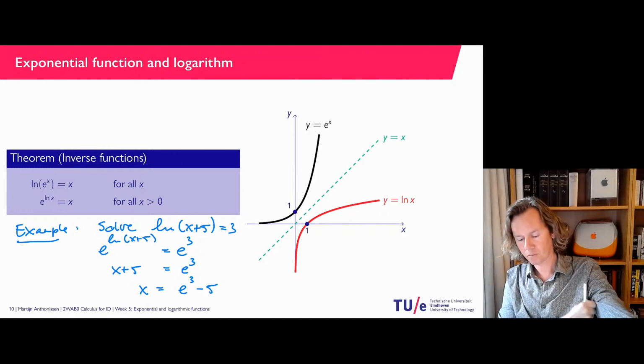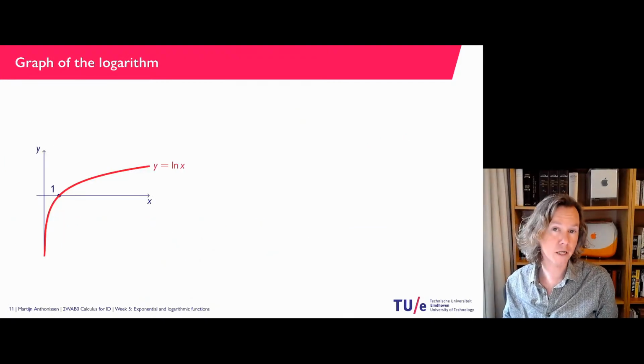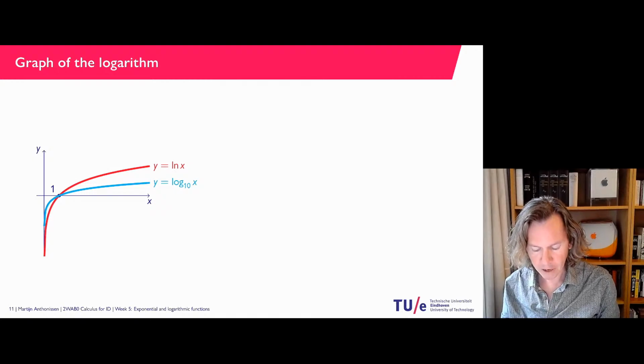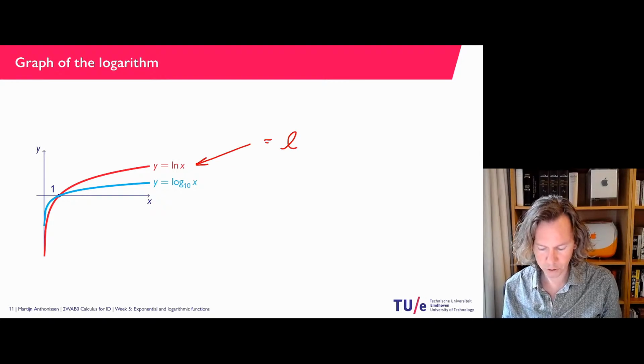Okay. So one thing more. This is the graph of the natural logarithm. Now, if you change the base number, so the natural logarithm here in red equals the logarithm with base number e.